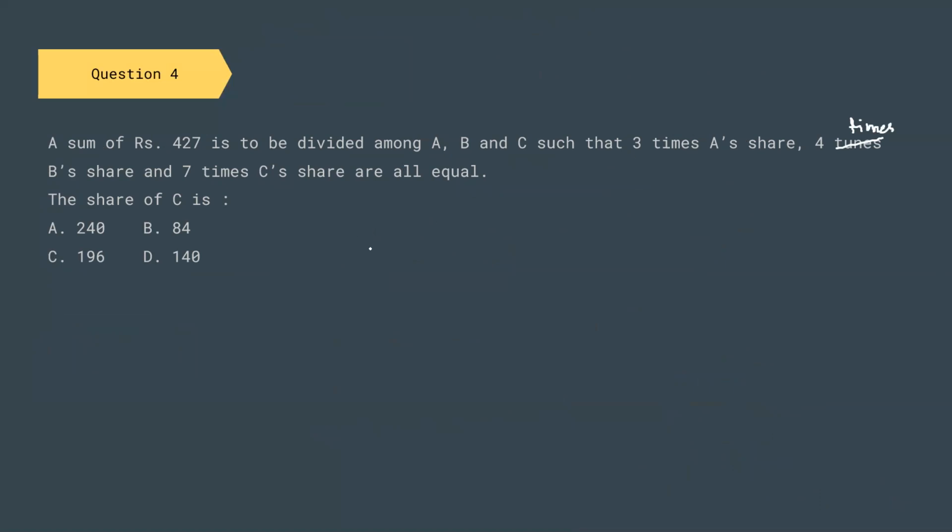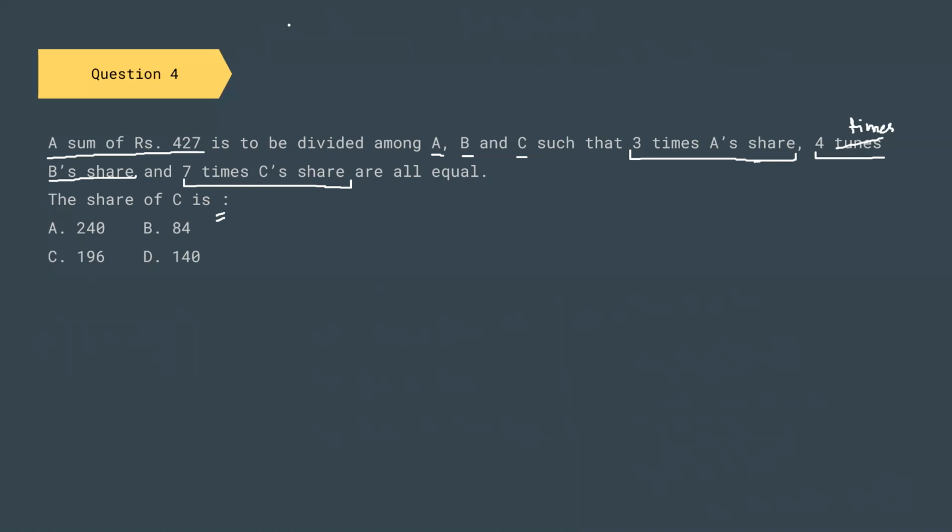Okay. Let us understand the question properly once again. They are saying that a sum of rupees 427 is divided among A, B, and C such that 3 times of A's share is equal to 4 times of B's share is equal to 7 times of C's share, and the share of C is asked.